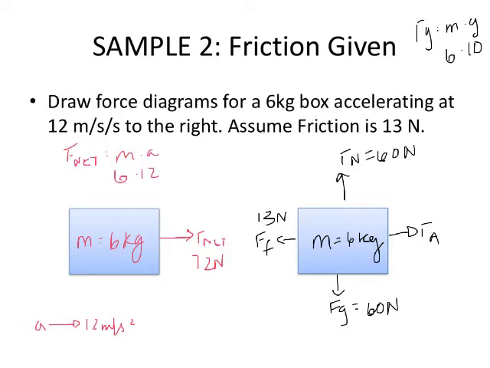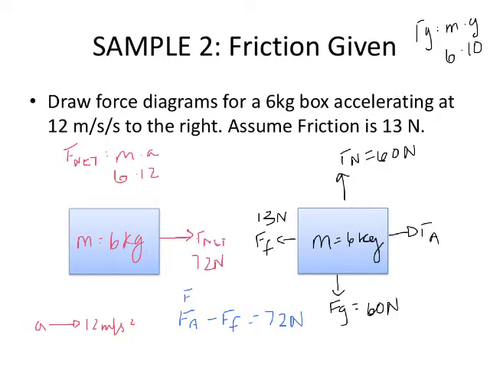Now, the thing here is that F of F and F of A have to combine to be 72 newtons. Okay? So essentially you have F A minus F of F, since F of F points to the left, that makes it negative, has to equal 72 newtons.